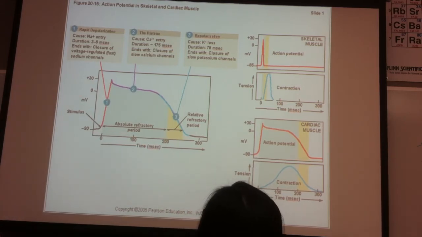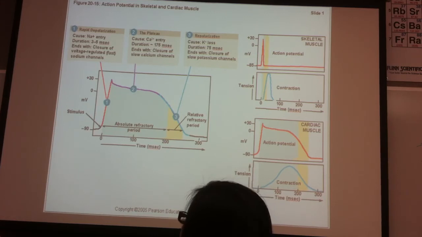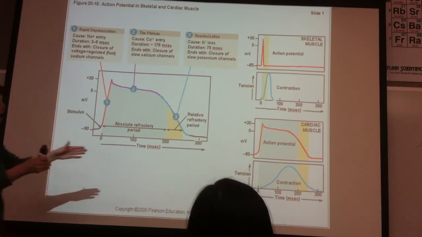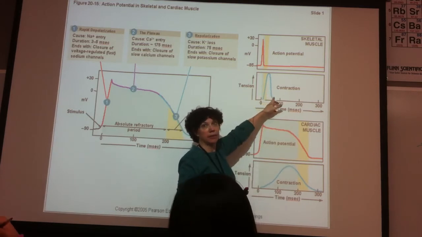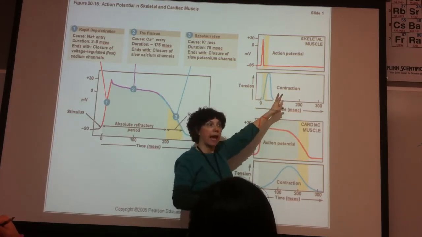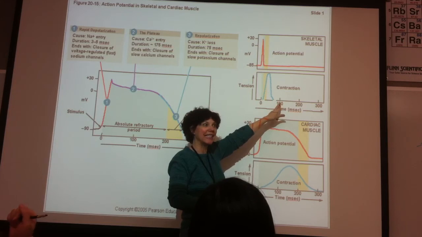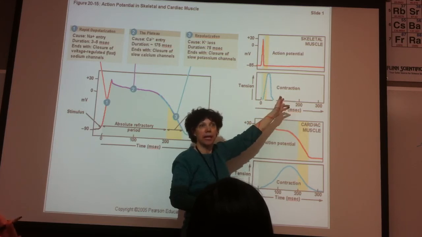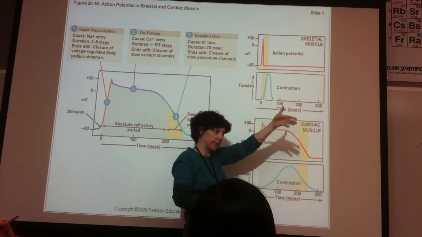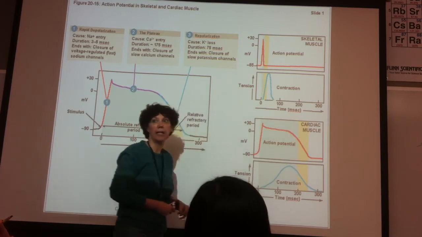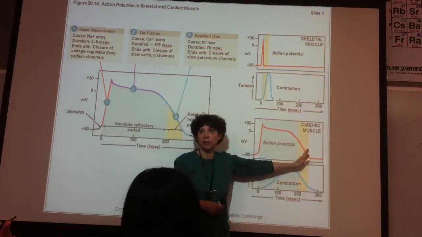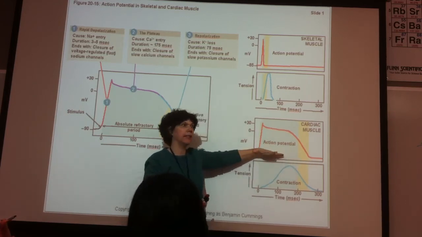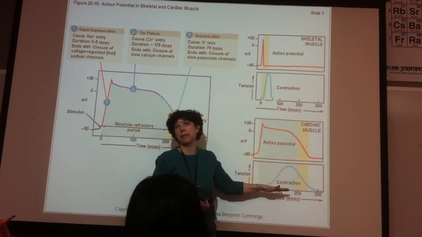By having a prolonged action potential, almost as long as the contraction, whereas in skeletal muscle it's not, we can start another contraction before the original one relaxes. By multiple stimuli, you can cause skeletal muscle to go into tetany, incomplete irregular tetany. By having the action potential last longer, that helps prevent tetany of cardiac muscle.